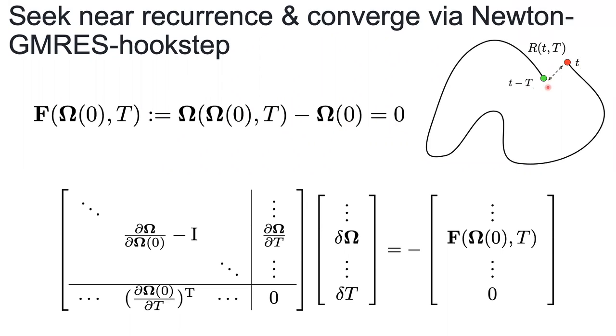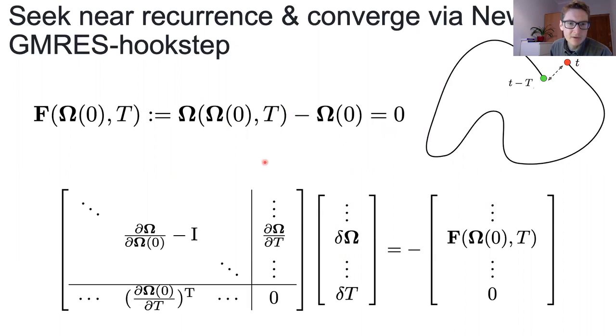The picture you have in your head is this little cartoon on the right, where coming from the DNS is some close approach to being recurrent, with some residual left over between T and T plus capital T, whichever way around you want to think about it. The goal of Newton-GMRES is to close that gap such that it's 0 to machine precision.